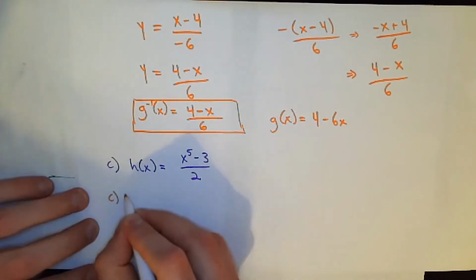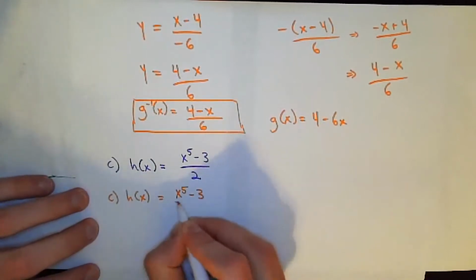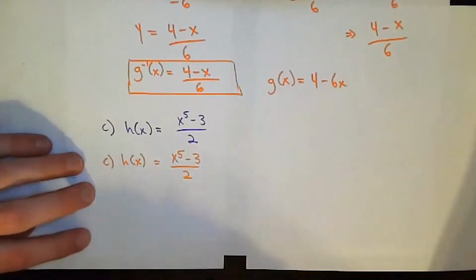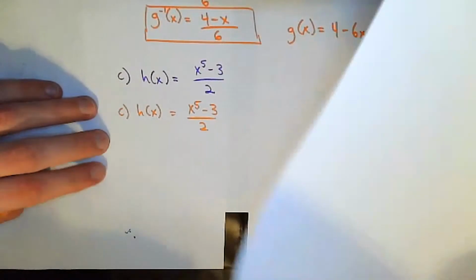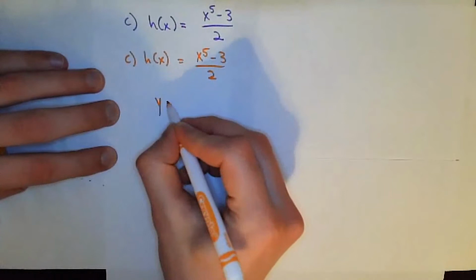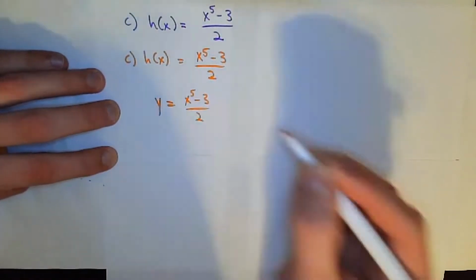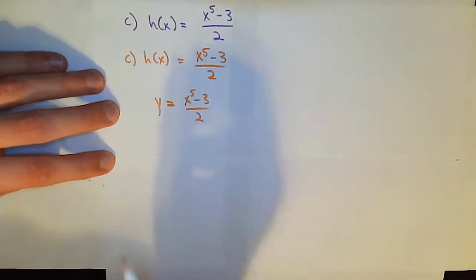All right, so solving part C, clearly, it's right there, but I'll rewrite it anyways, just for sake of completion. First thing I do is I replace the function notation with the letter y. Then I swap x and y.